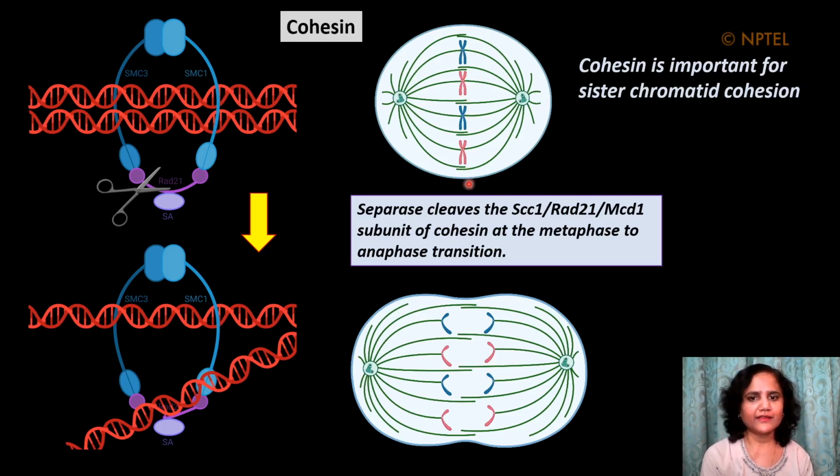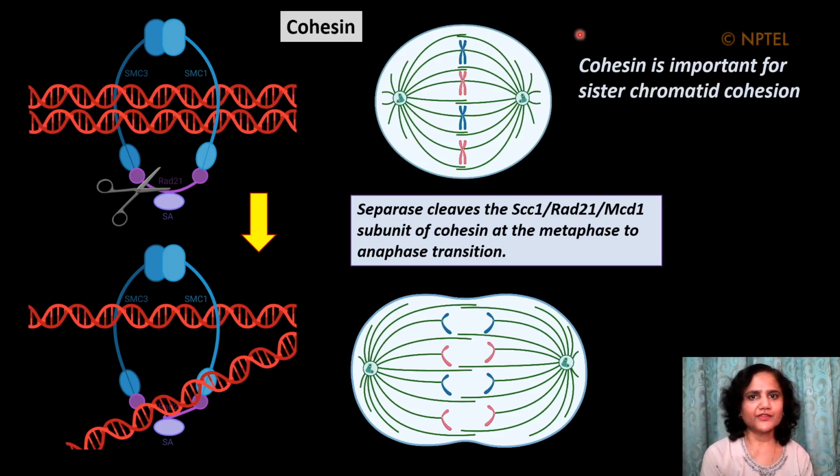the anaphase transition. At the metaphase to anaphase transition, MCD1, this purple subunit shown here, is cleaved by an enzyme named separase. This cleavage opens up the ring, and the two sister chromatids can come apart.